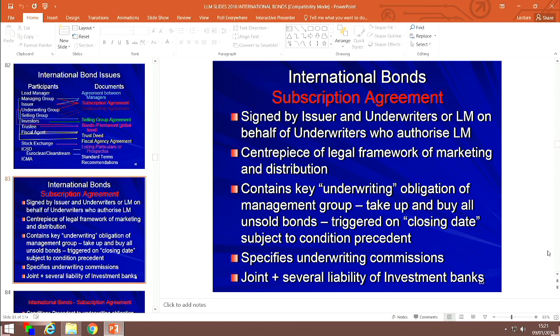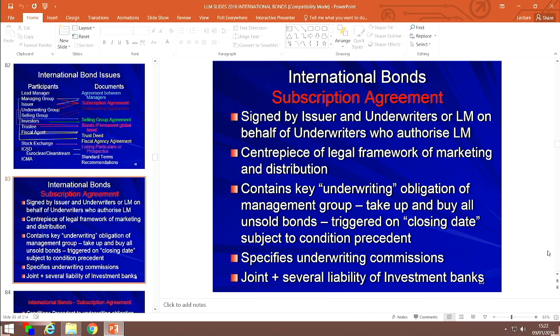Now, the payment of commissions to the underwriters is required as a global sum in the subscription agreement because it's a payment by the issuer to the underwriters, usually calculated on the basis of a discount on the face value of the bonds, meaning if the bonds are going to be sold at 105%, the issuer will get not the full 105%, but 105% less the commissions owed to the underwriters.